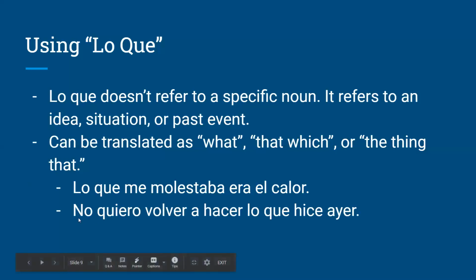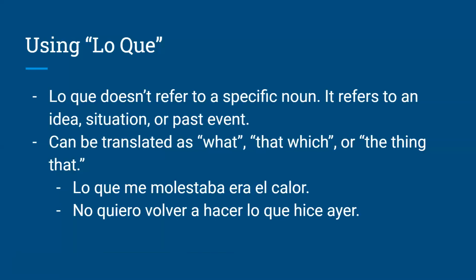The second sentence here, I don't want to return. Sorry, what this means in English is I don't want to do again that which I did yesterday. Okay, that one for sure. That which I did yesterday is not clear at all. It is not a clear concept. It is a vague past event, and that's what told us it was lo que. All right, things that are unclear, things that are not defined.